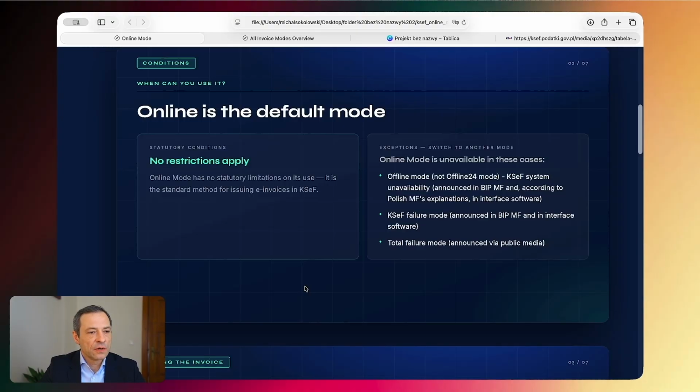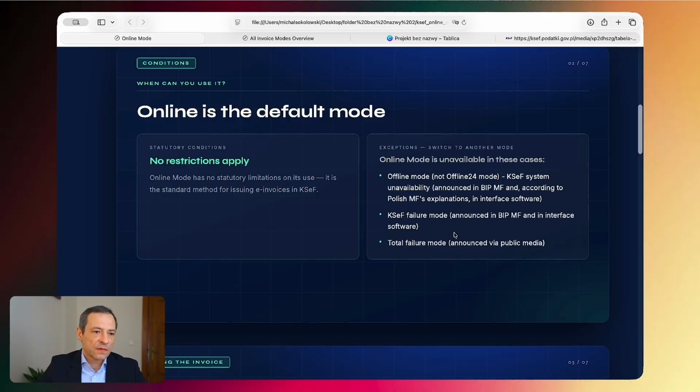So if you've analyzed and established that you are obliged to issue invoices via the Polish National Electronic Invoicing System, because none of the exemptions from using it are applicable in your case, then the fundamental default mode of issuing invoices via the system is the online mode.